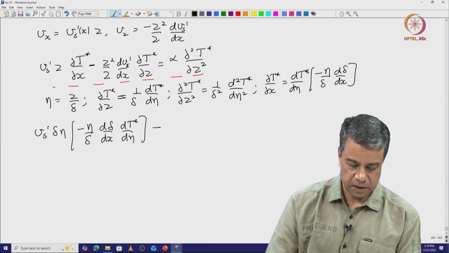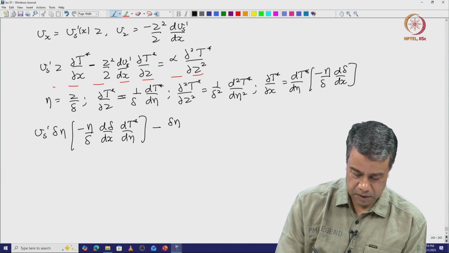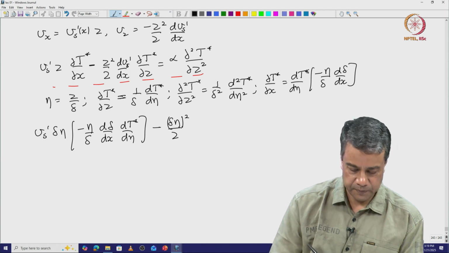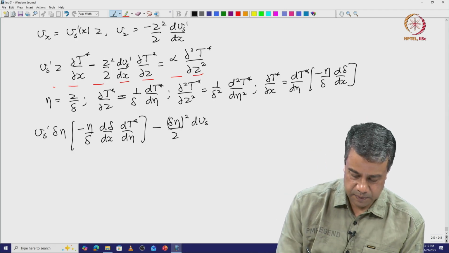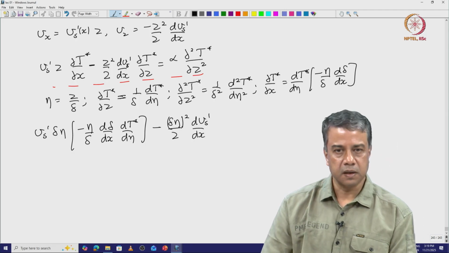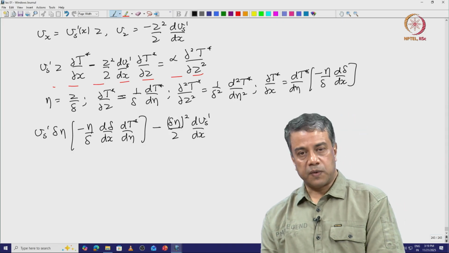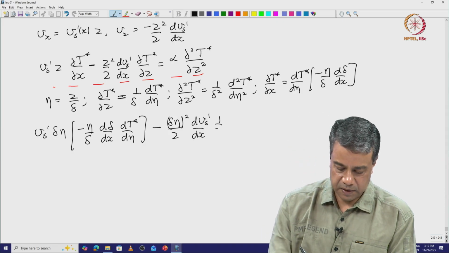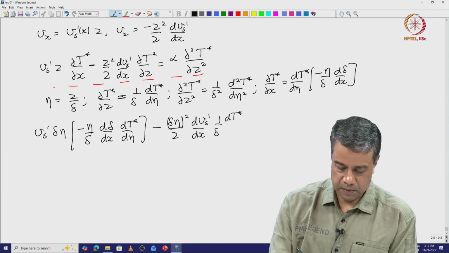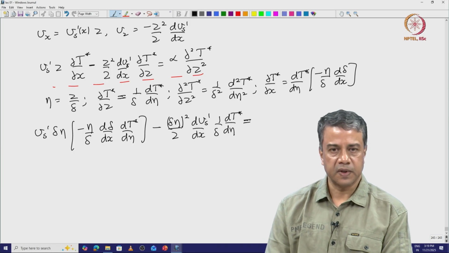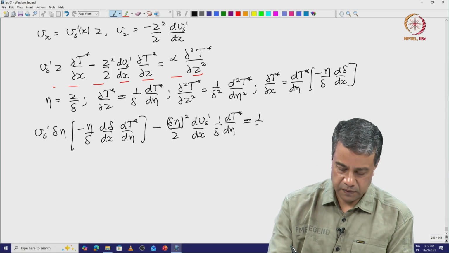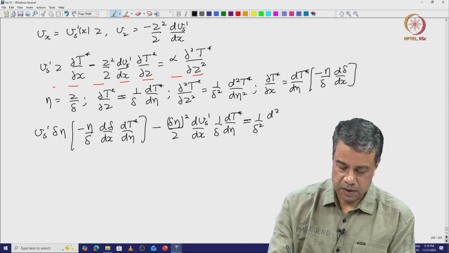Z is delta eta, so z square is delta eta the whole square, by 2, dVs prime by dx, into partial T by partial z, that is 1 over delta dT by d eta. This is equal to alpha over delta square d square T by d eta square.